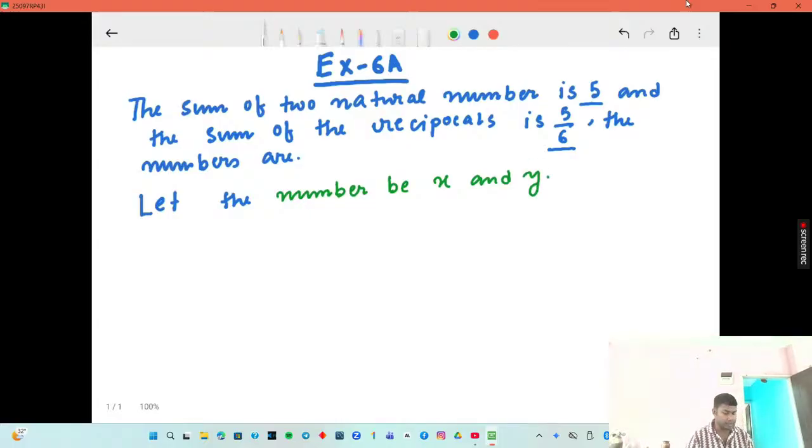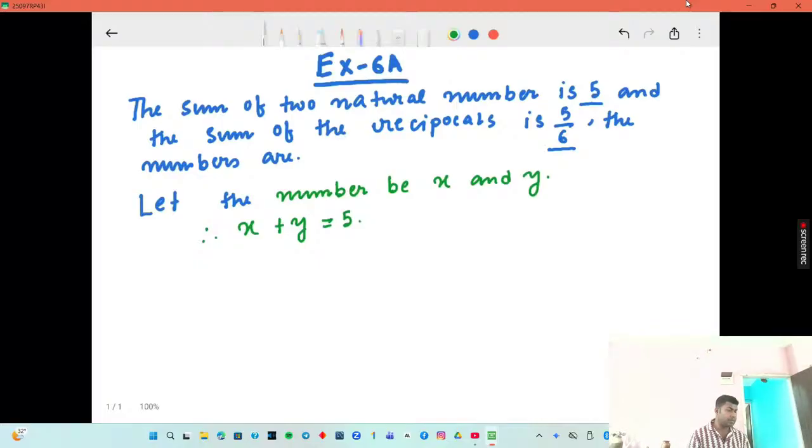So now I am supposing let the numbers be x and y. Therefore, x plus y is equal to 5. So according to the question, we can write x plus y is equal to 5.